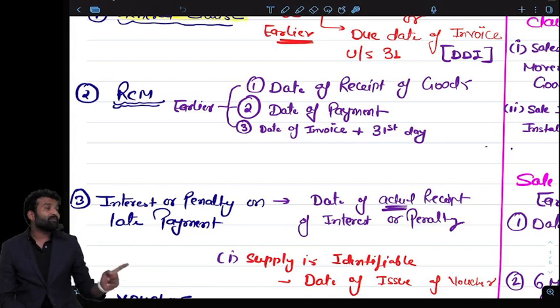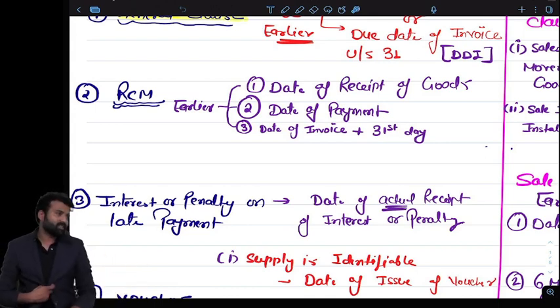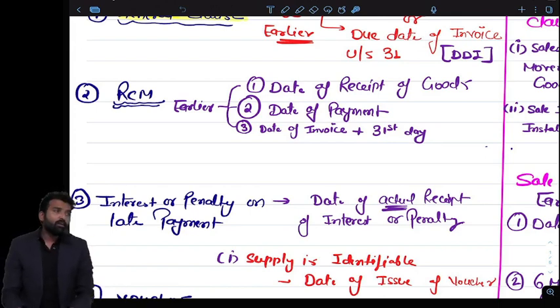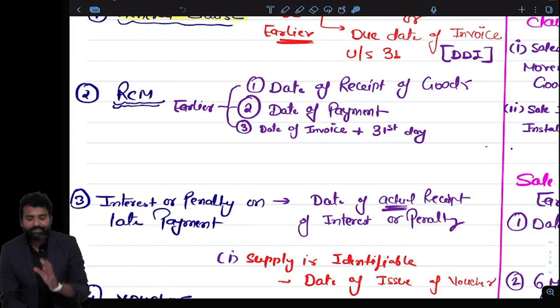Now that is not the date of dispatch, but the date of receipt of the goods, when the goods are received, or the date of payment, or 31 days from the date of invoice, whichever is earlier. So three dates we have to compare: date of receipt of goods, date of payment, and date of invoice plus 31 days. Whichever is earlier is the time of supply for RCM.